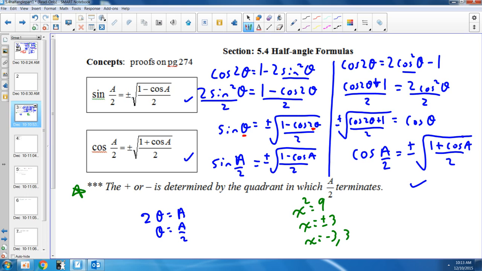Here you're going to choose either the positive or the negative. So in other words, the problem is going to tell you if it's positive or negative, not both. It's a different meaning than what you've seen before.